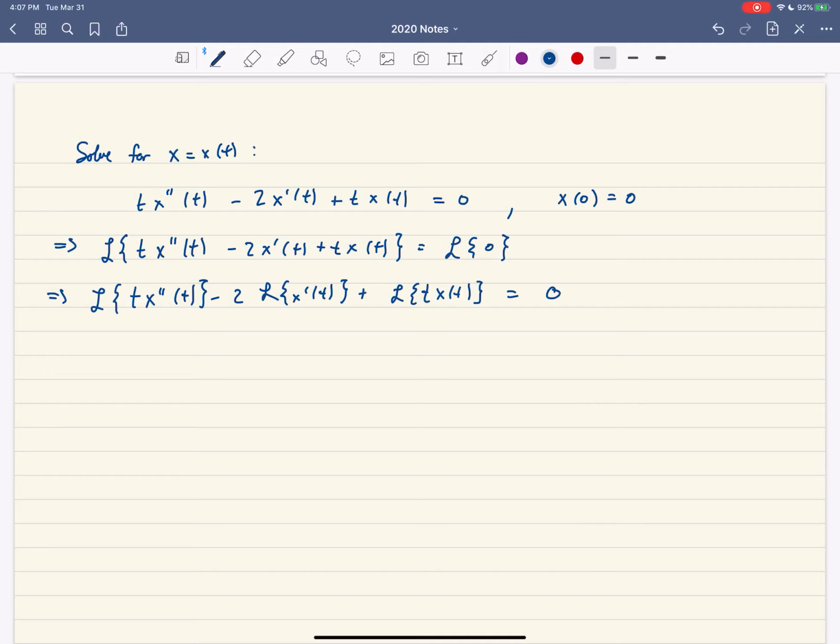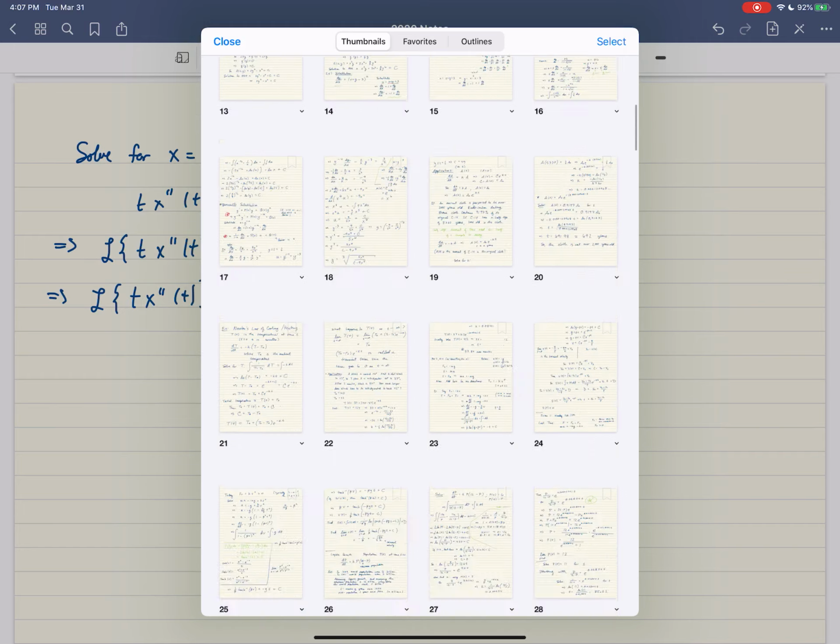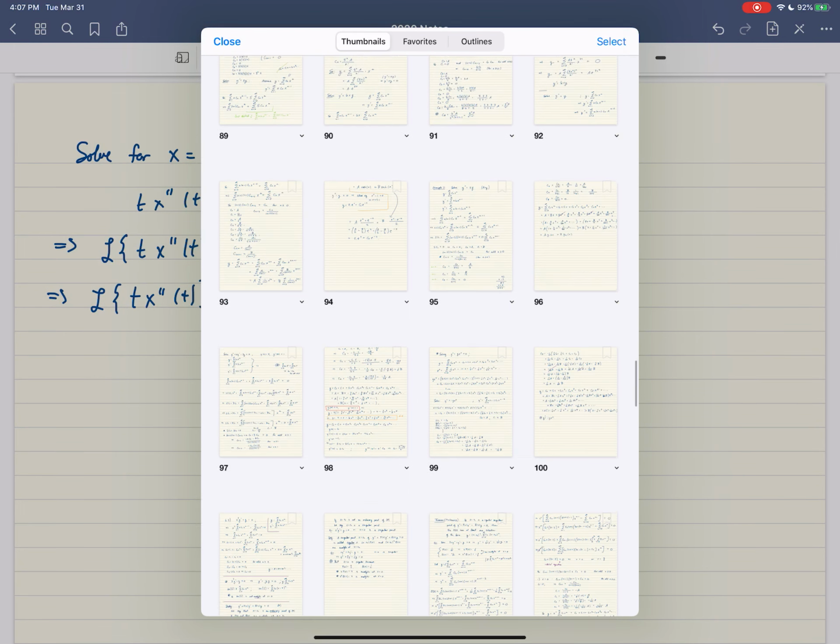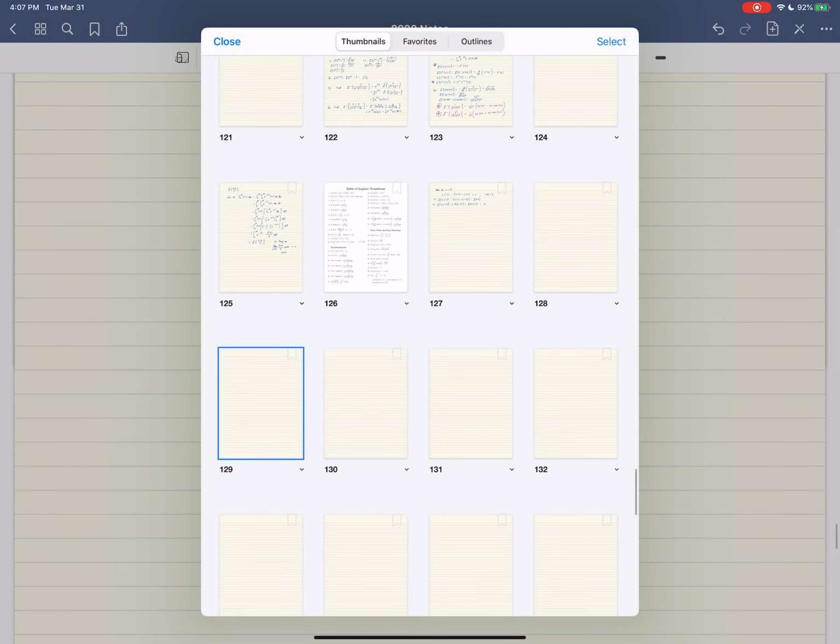Okay. And it turns out that we're just going to need to look at all of the rules that we need. So for t x double prime of t, I think it's worth going back and forth between all the rules that we know and how this is going to work.